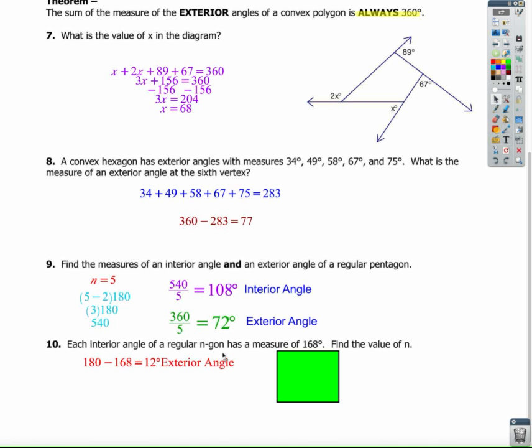Well, if each angle is 12 degrees, and there are n of them, and the total must be 360, then I have to do 12 times what gives me 360? Or 12 times that magic n gives me 360. Solving that simple equation, I can see that the value of n equals 30.